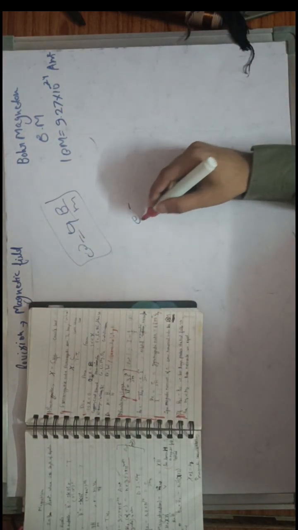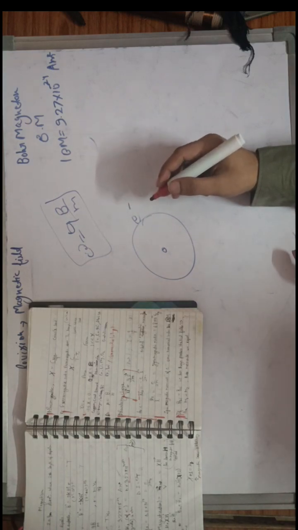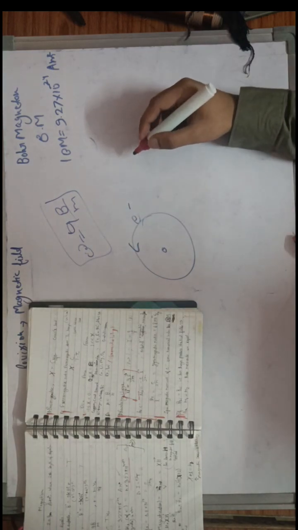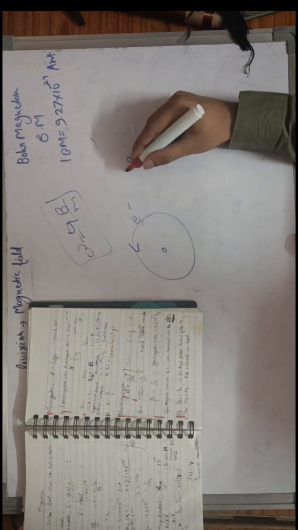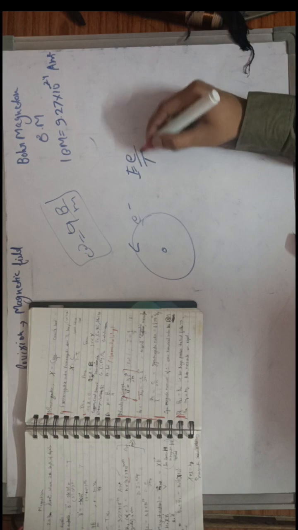let's say there is an electron revolving in an atom. Then in this case the current due to this moving electron is given as I is equal to e by time period.